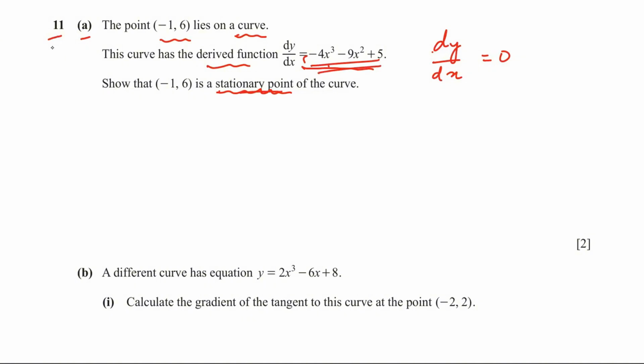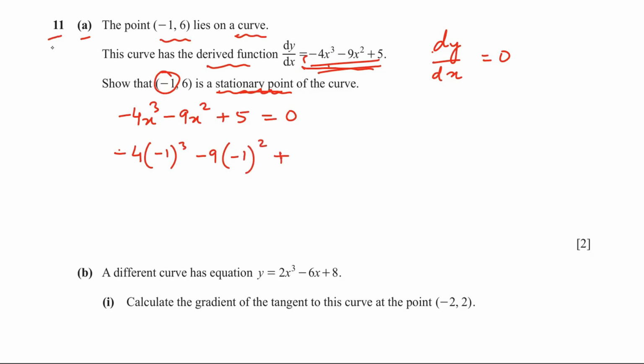So we can write that as -4x cubed minus 9x squared plus 5 equal to 0. And substitute the value of x into this expression. That's -1. So -4 times -1 cubed minus 9 times -1 squared plus 5 should give us 0.